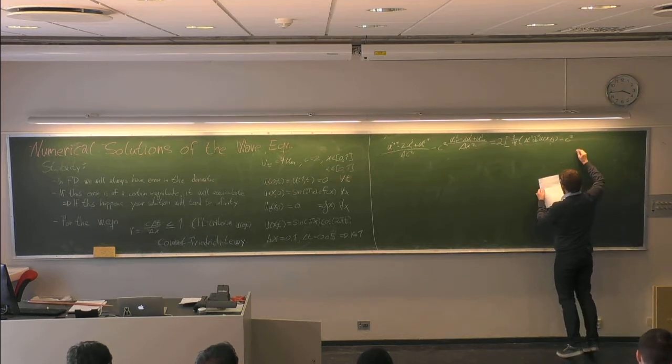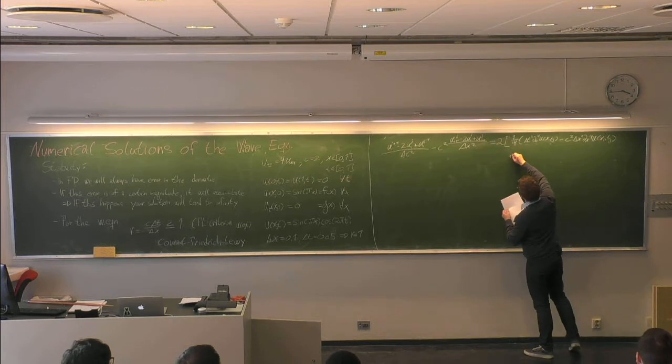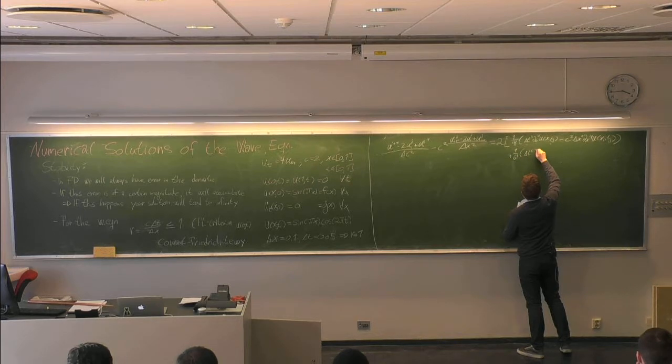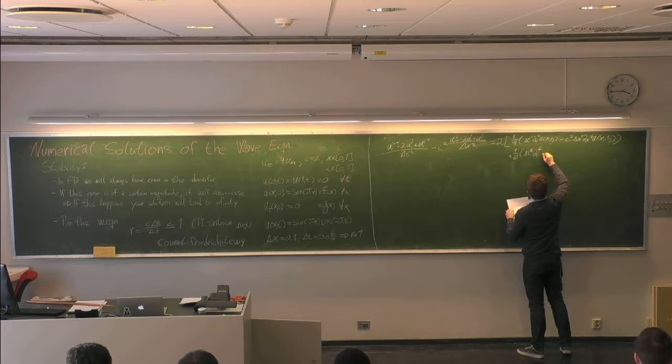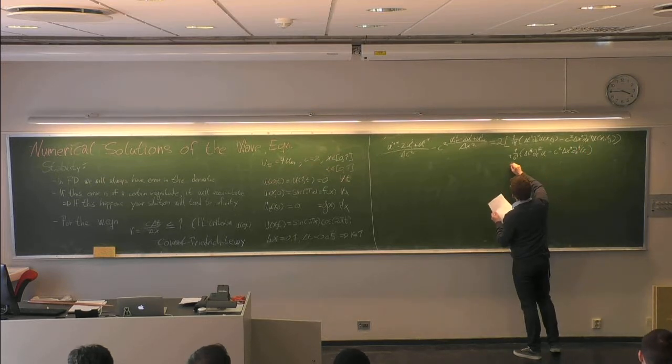So minus c squared delta x squared over 4 factorial, dx^4 u of x_i, t_j, that's 1, plus 1 over 6 factorial, delta t to the power 4, dt^6 u, minus c squared delta x to the power 4, dx^6 u, and so on.